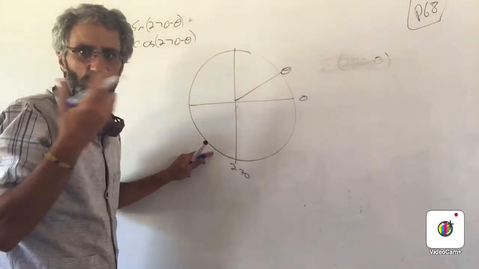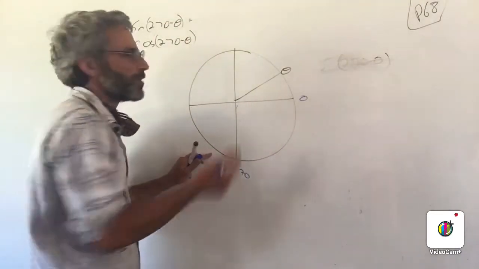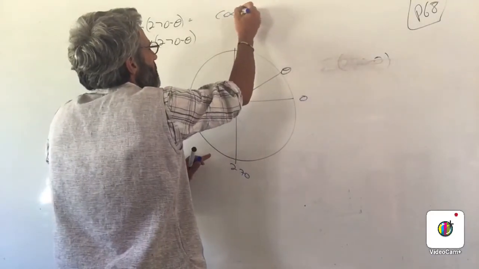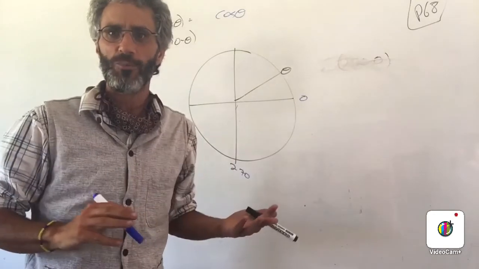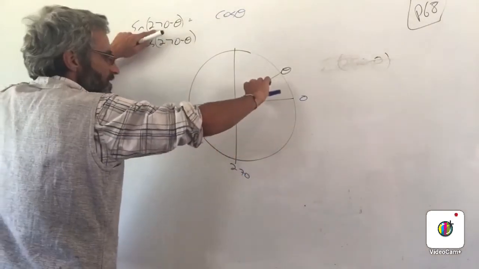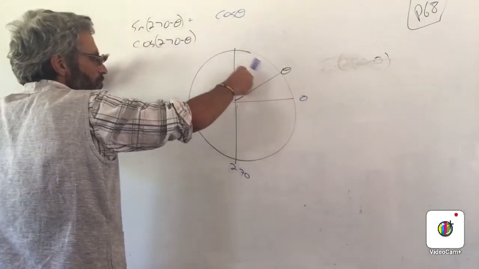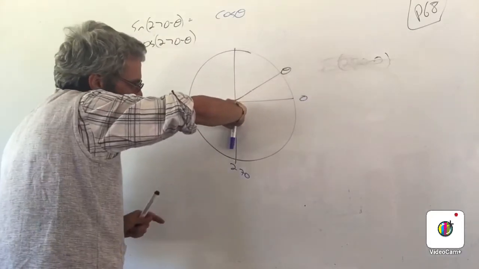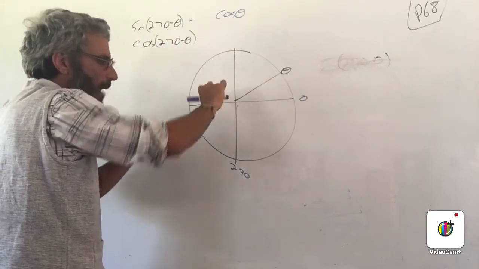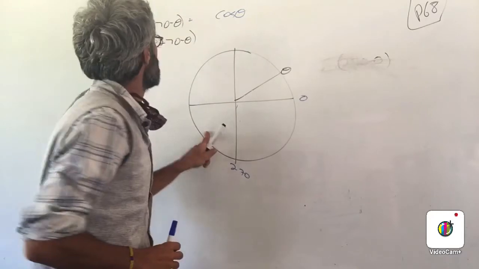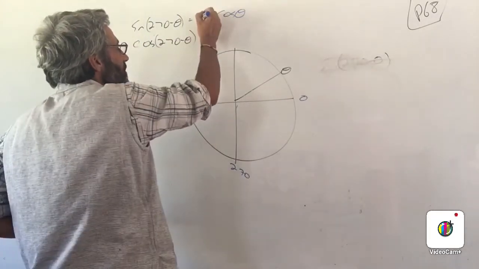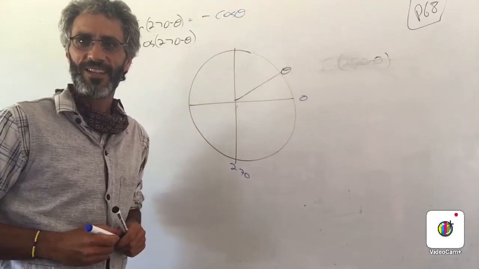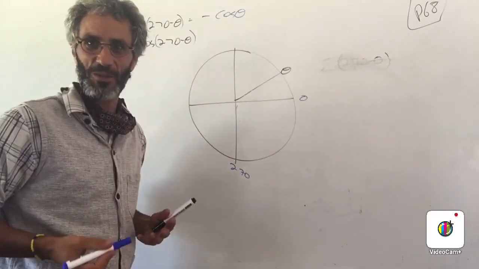As soon as we've got 270 or 90, we know it's a cofunction, so we are going to have cosine theta. The only thing left is whether it's negative or positive. If I did 270 and then minus theta, I'm in the third quadrant, and in the third quadrant the cosine is negative. So I'm going to have a negative sign here. Clever, eh? Much quicker than the way I did it.